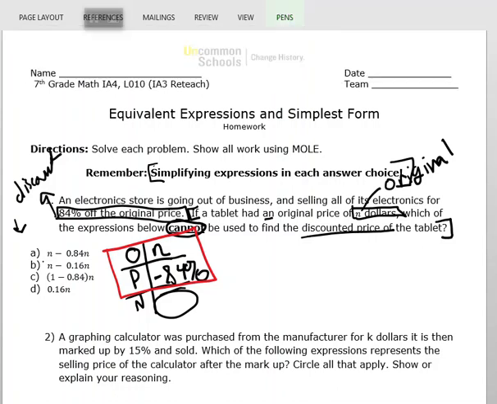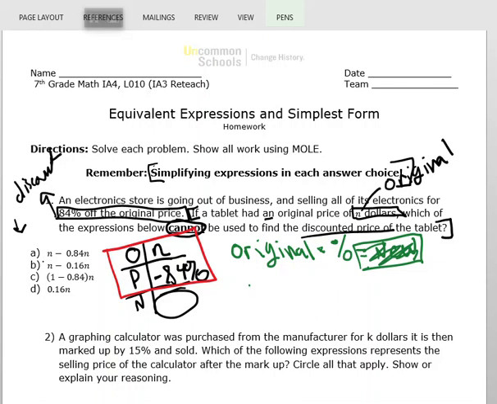Okay. So over here, I'm going to do my original times percent, our old friend, equals new. Although again, I'm not really dealing with this right here. My original times my percent.